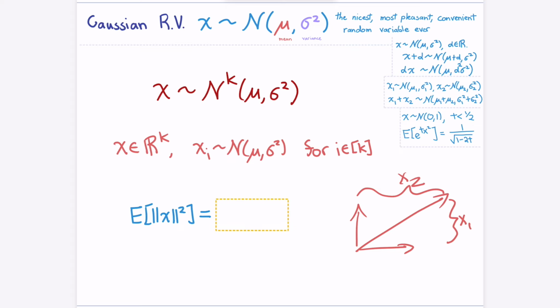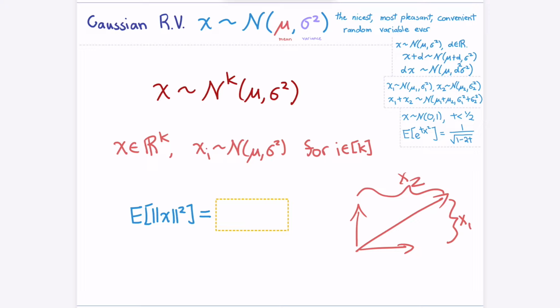So I wrote N to the k, meaning there are k coordinates, each coming independently from the same distribution with the same mean and the same variance.